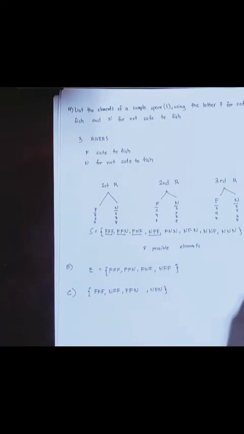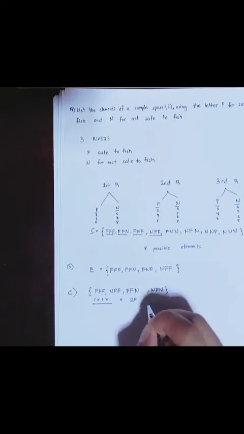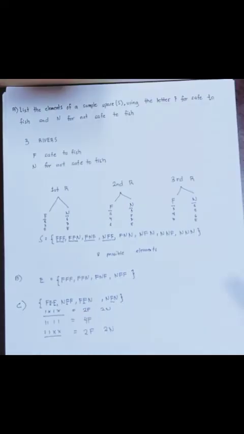So as we can see, for the first river, we have the F, and then N, F, and then N. So for the first part, we have 2 F and 2 N. Second part, F, F, F, F. So we have 4 Fs. For the third river, we have the F, F, N, N. So we have 2 Fs and 2 N.